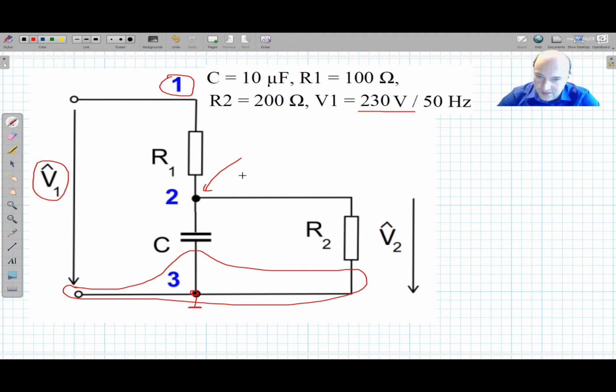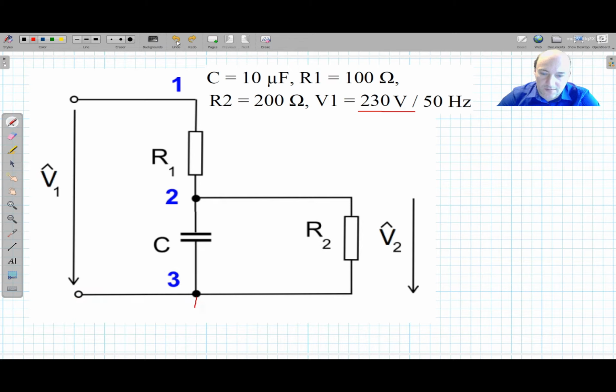Now in the node method we are summing the currents that are going in and out of the node. So I will select the direction of my currents like this: they are all going out from the node.